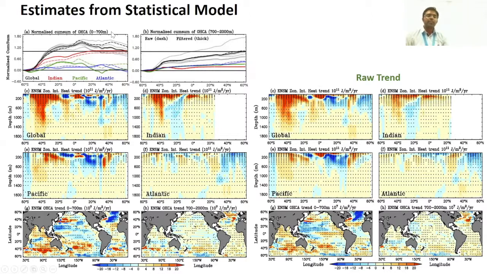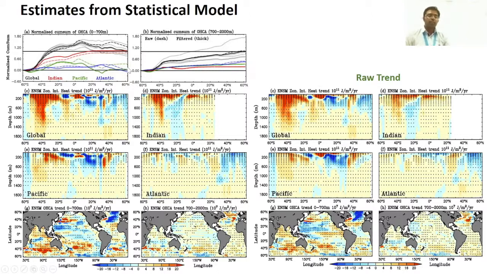In the upper 700 meters, the Indian Ocean is the largest contributor to this ocean heat uptake, contributing almost 100%. Whatever extra heat is taken up in the Indian Ocean is compensated by the Pacific Ocean. We can see that in the upper tropical Pacific Ocean there is a huge reduction of the heat uptake, and also in the Atlantic Ocean.